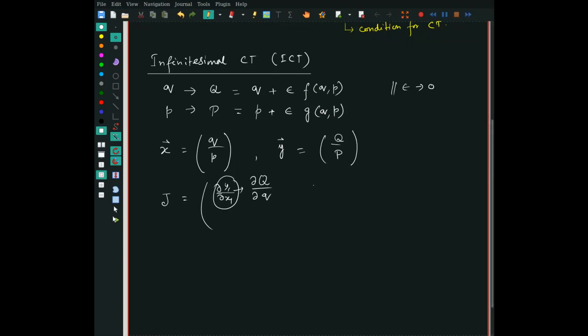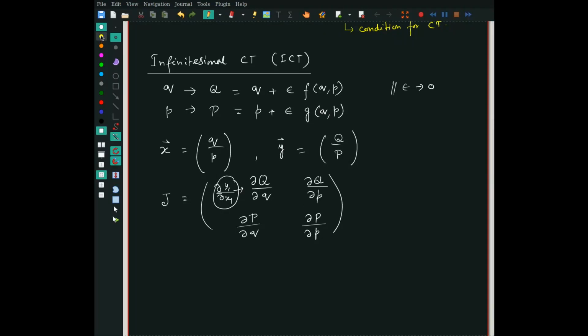Similarly, J12 is del of capital Q over del of small p, J21 is del of capital P over del of small q, and then del P over del p. This is my J. So I need to find these things.